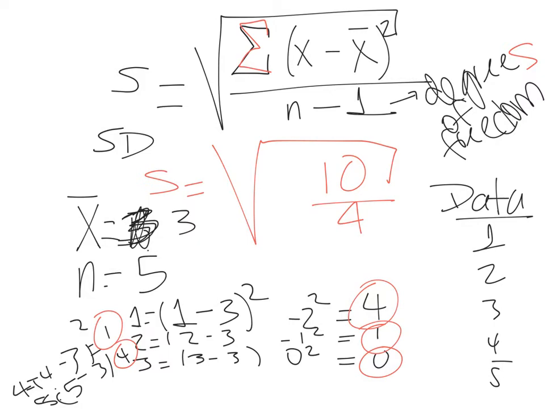Let's see, 10 divided by 4 is, okay, I have to be right back with you. Okay, I'm back. So the standard deviation would be the square root of 2.5.